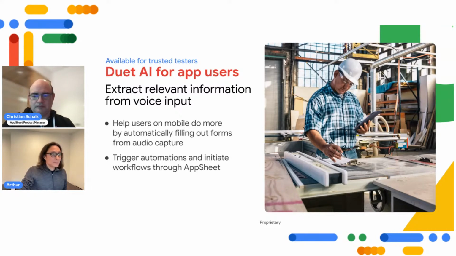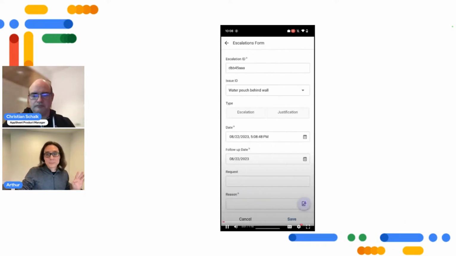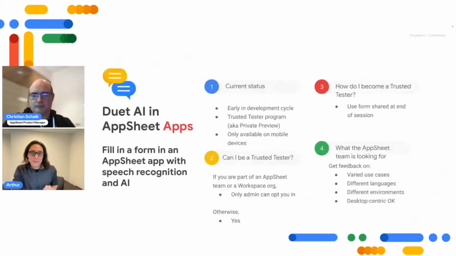So let's see. That was the video, in case there was an issue, but everything went fine. So I'm skipping to the last slide here, for Duet AI and AppSheet apps. So where are we at today?